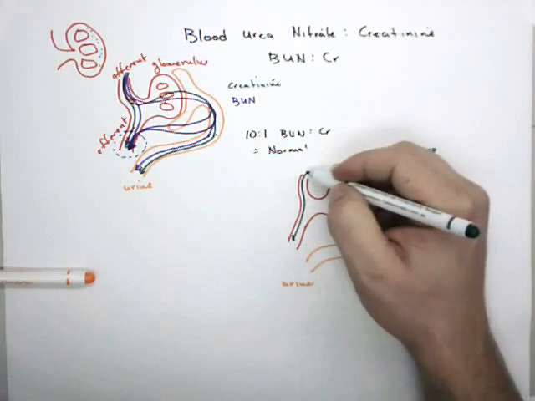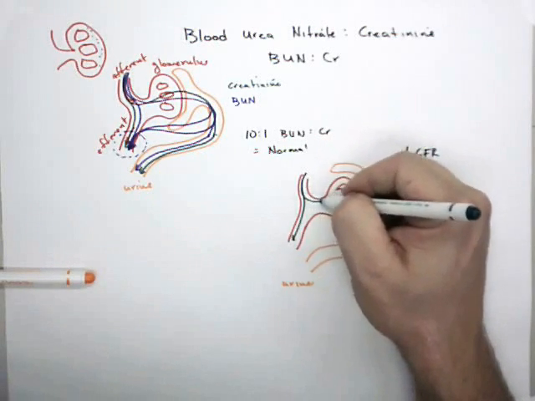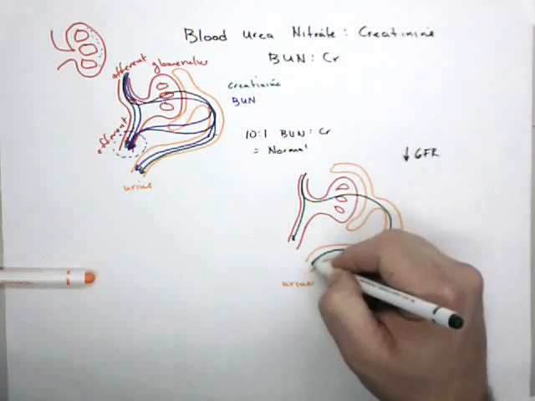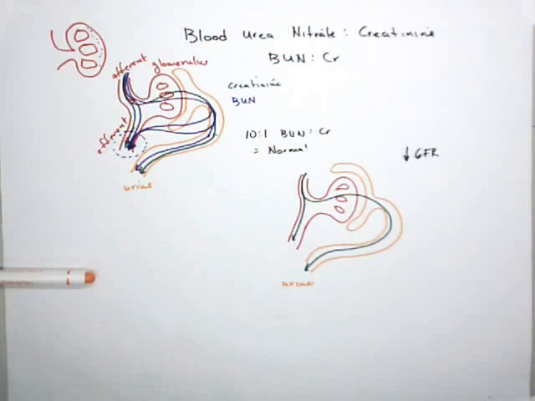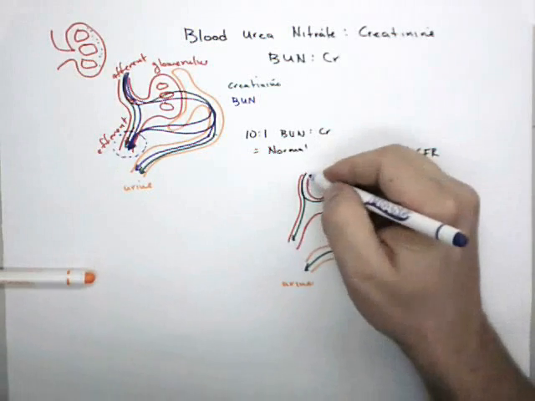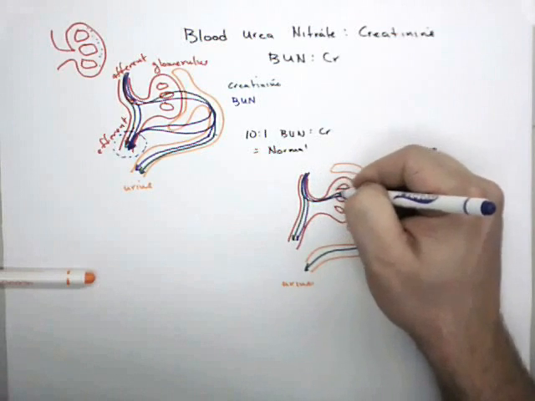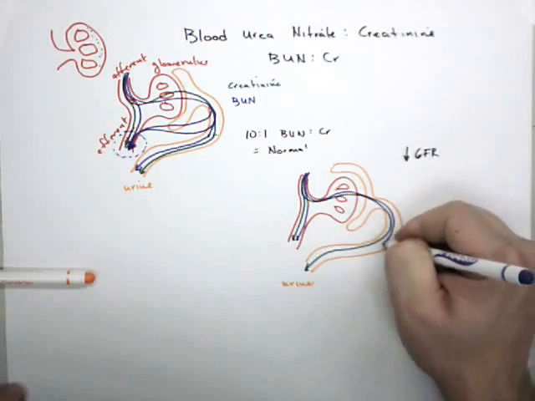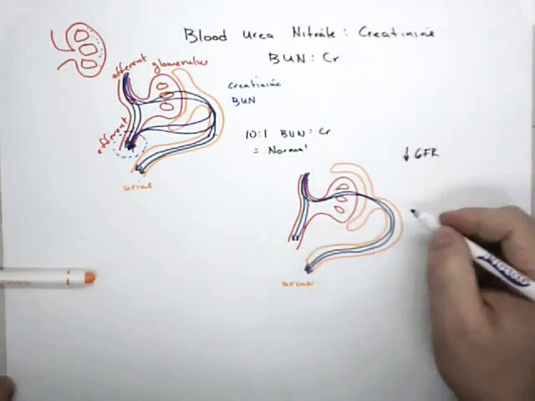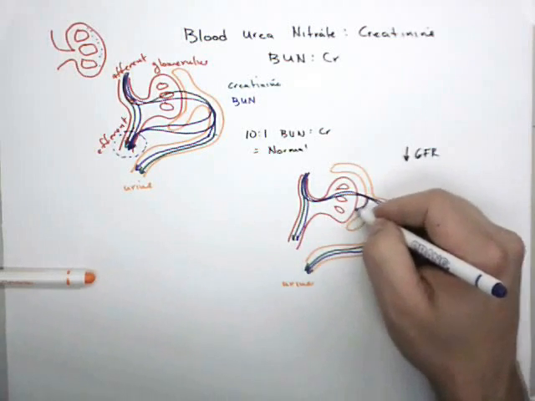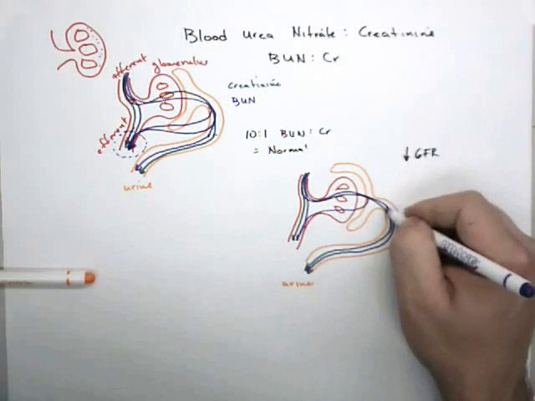First though, let's draw creatinine. Creatinine, again, some of it will stay back in the blood. That which enters the tubules is all going to head down to urine. Urea, some of it might stay back in the blood. Most of it's going to get filtered. But because it naturally leaks out of these tubules, and because the flow rate is so low, a lot of it is going to leak out.